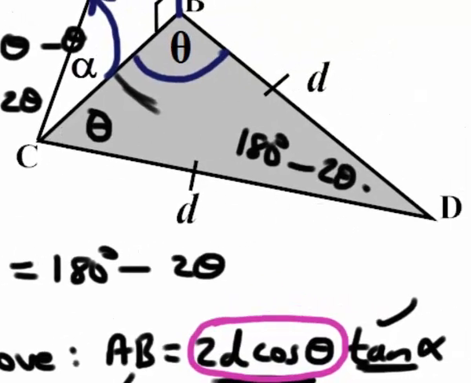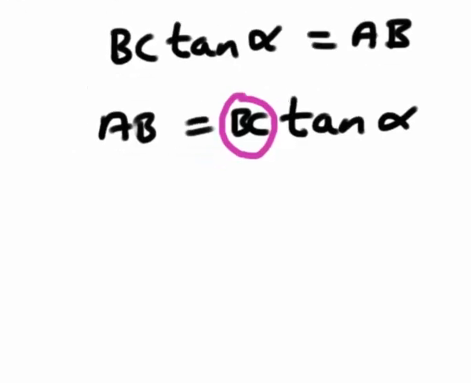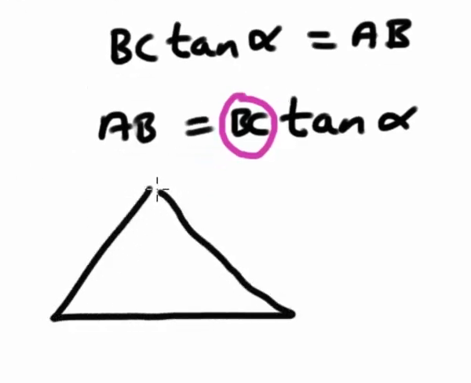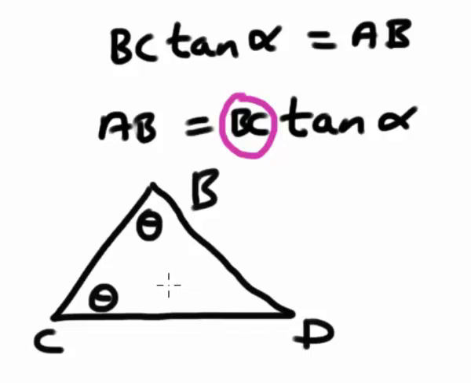If we redraw the triangle quickly, I'm just going to draw the triangle on the ground. That's B, that's theta there, this is going to be C and D. And we already worked this out as 180 minus 2 theta. And we've got this side as D. So what we could do is use the sine rule, because we've got a lot of angles and sides.